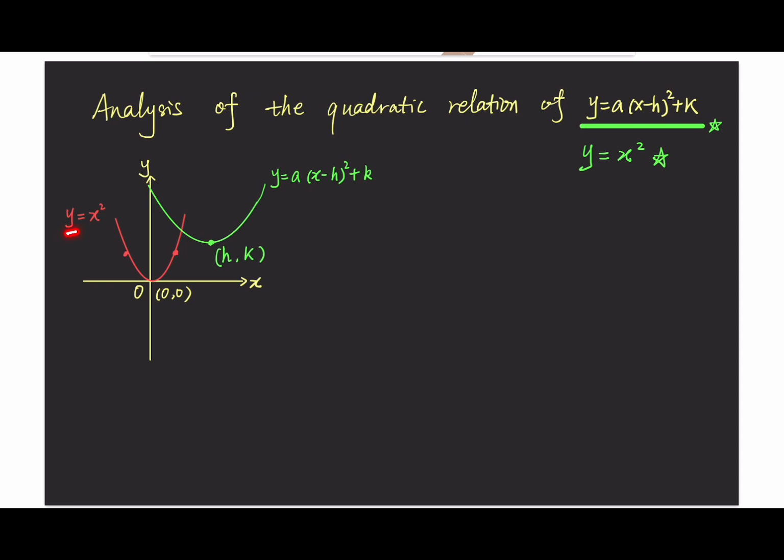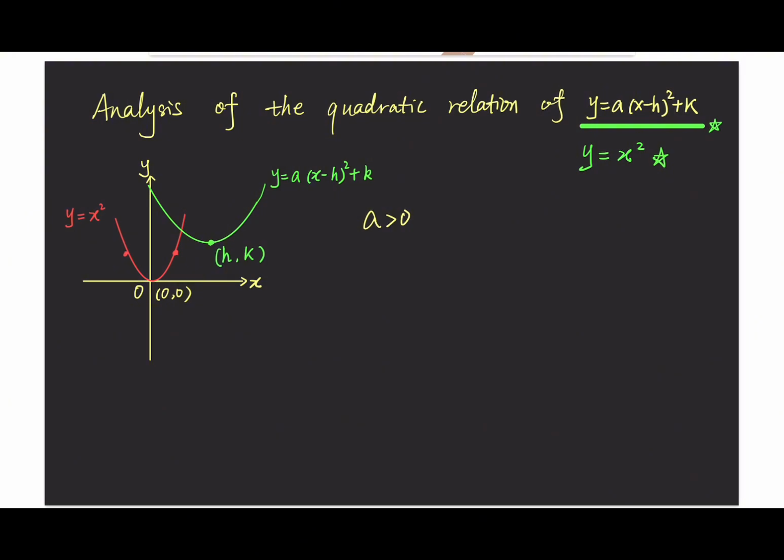For the y, this point, its y-coordinate represents the minimum value of y. According to this quadratic relation, we can find out that if a is greater than 0, the graph of this quadratic relation must open upwards.